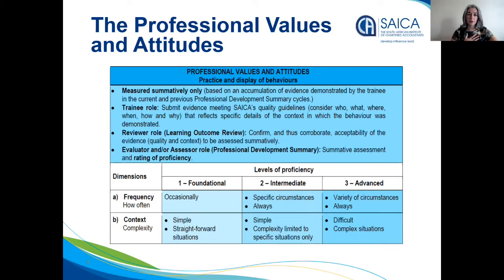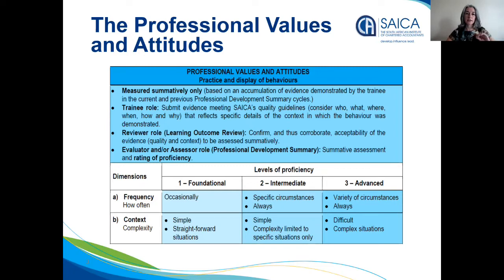The reviewer's role in the learning outcome review is to take the evidence that the trainee has documented and confirm whether that really happened, and this is what played out, and also to check that the trainee has documented the evidence at a sufficient level of quality that it is sufficient for the evaluator and the assessor to consider at a summative level. The trainee's role in turn is to submit evidence that meets CICA's quality guidelines, the journalist questions: who, what, where, when, how, and perhaps even why.